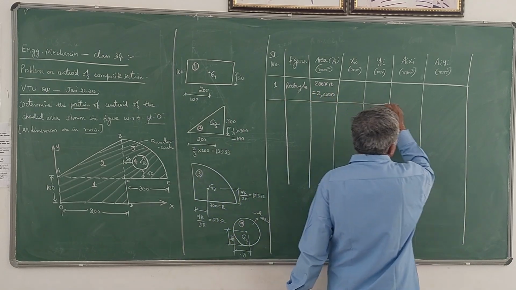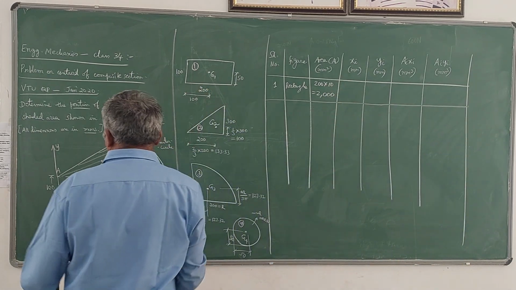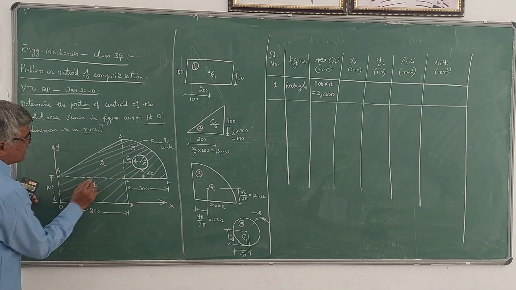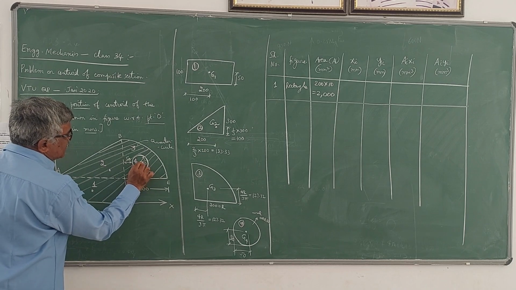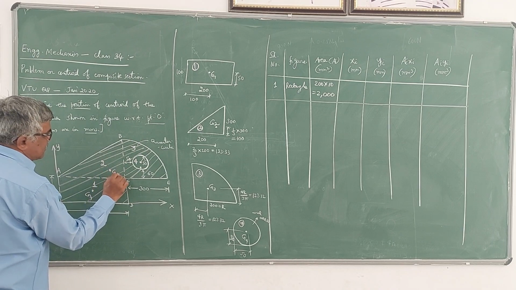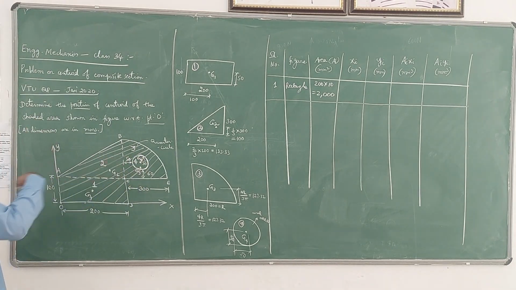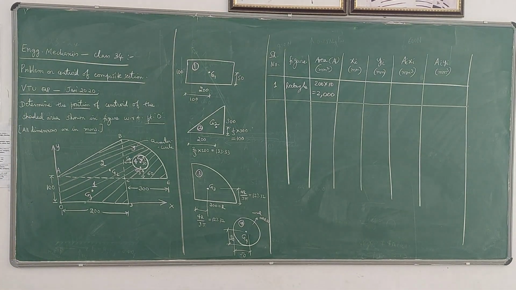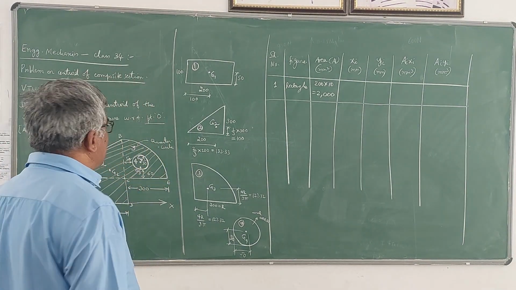Now the distance of the centroid G1 from the y axis. So y axis is here. So G1 is here, G2 is here, G3 will be somewhere here, G4 is this. So this is how I have written there separately. G1, G2, this is G3, this is G4. So we have to write down the distances of this G1, G2, G3, G4 from the y axis and x axis.